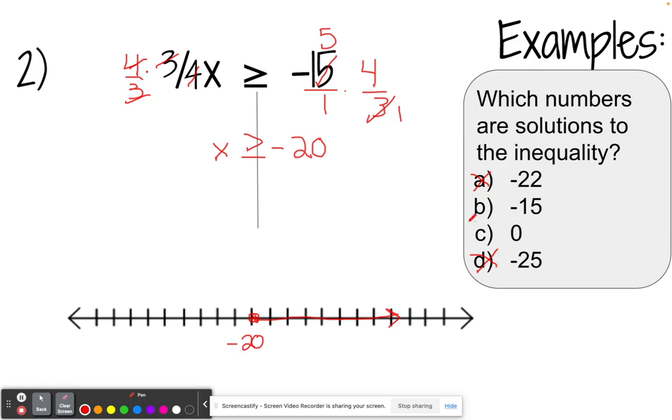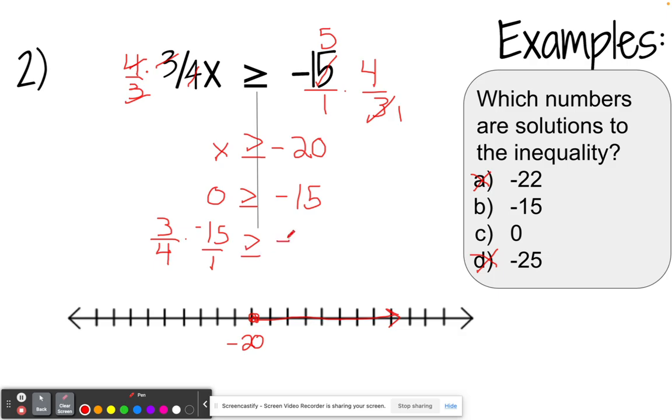So let's try a couple of these. If I tried 0, 3/4 times 0 is 0. Is 0 greater than or equal to negative 15? Yeah, it is. So 0 works. So the numbers over here appear to work. Let's try negative 15. 3/4 times negative 15. I would say simplify before you multiply.